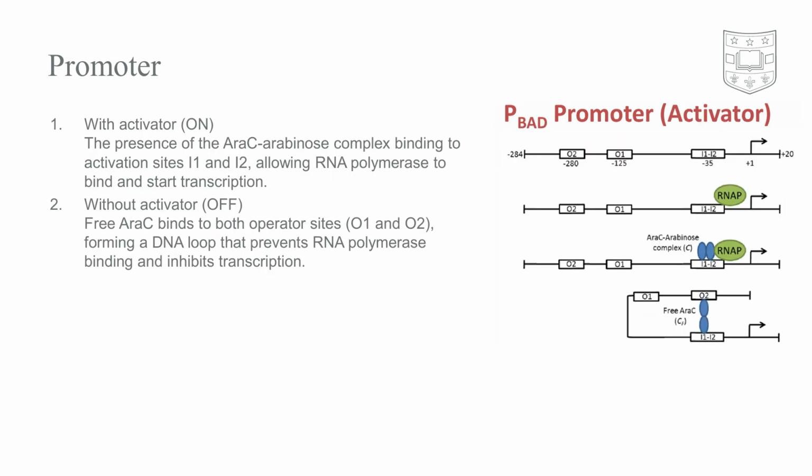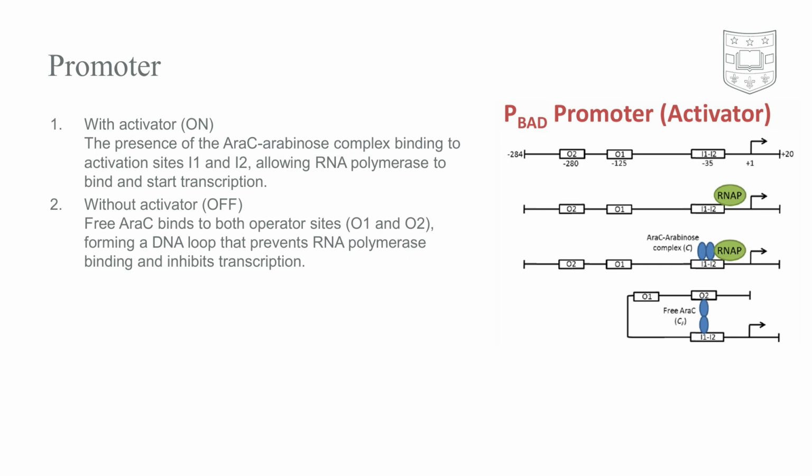The PBAD promoter demonstrates how activators regulate gene expression. In the on state, the presence of arabinose creates an AraC-arabinose complex. This complex binds to activation sites, allowing RNA polymerase to attach to the promoter and initiate transcription of the downstream gene. In the absence of arabinose, the system switches off.